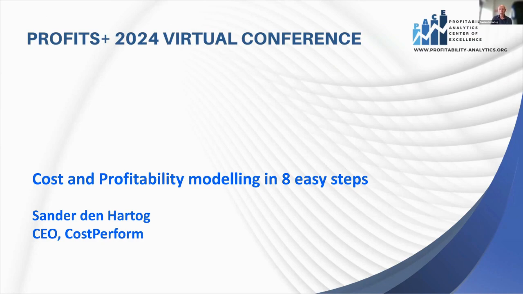And the reason why I bring this up again is not only to show that I've been here several times at the PACE Profit Plus conference, but mostly because this ties in really well. The 8 steps that you have to do modeling, but actually the topic of today is what problems do you run into when you get into these 8 easy steps. So that's why I thought, hey, this is quite interesting, that the topic that I chose 1 year ago ties in very well with the topic of this year.